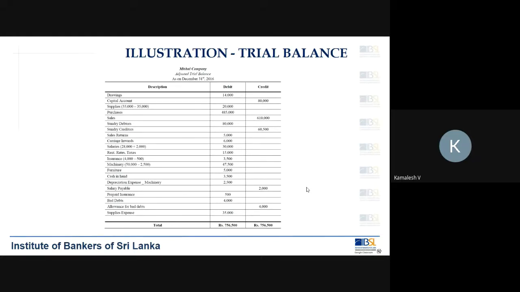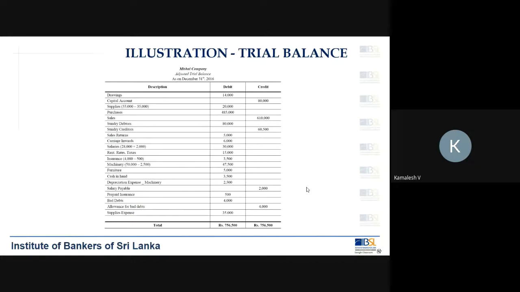Based on the account and its balance, you put the balances in the respective columns. An account having a debit balance will go into the debit column. An account with a credit balance will go into the credit column. After putting all the balances into the respective columns, when you take a total, you should see both totals are equal. In this case, it is 756,500 in both.